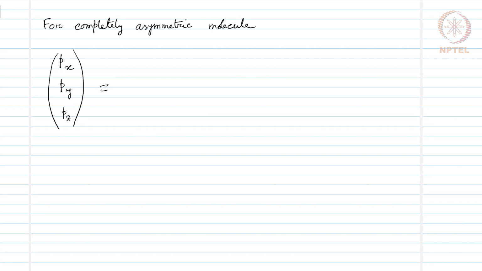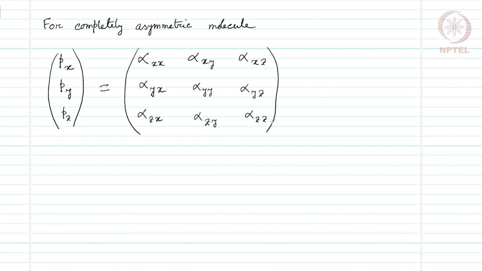And if we consider a completely asymmetric molecule, then we can write this atomic polarizability as a tensor which obeys this matrix equation: the column vector Px, Py, Pz equals the matrix alpha xx, alpha xy, alpha xz, alpha yx, alpha yy, alpha yz, alpha zx, alpha zy, alpha zz, multiplied with the electric field column vector Ex, Ey and Ez.